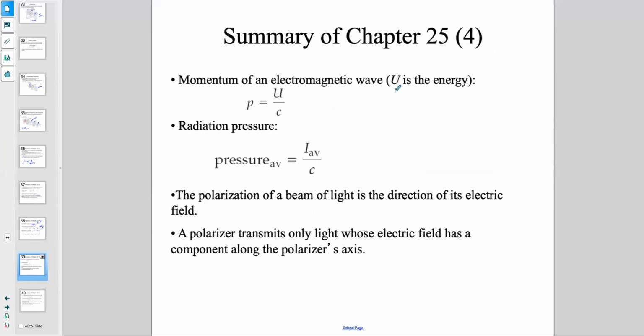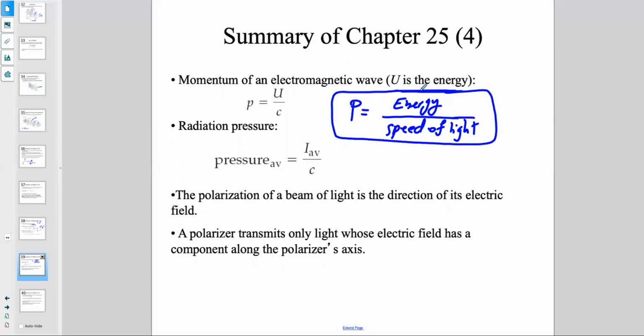This U is energy, so p is energy over the speed of light. And the radiation pressure, the pressure due to the light on materials, is I average over c, or the average intensity over the speed of light.